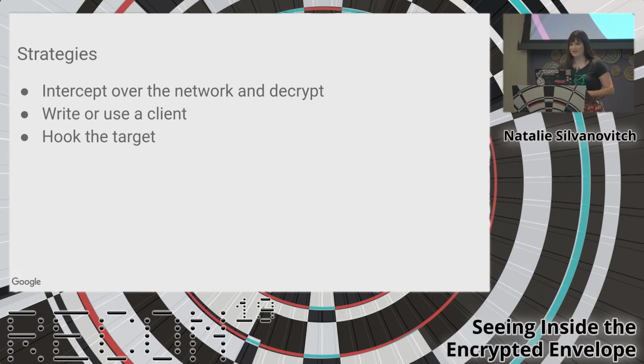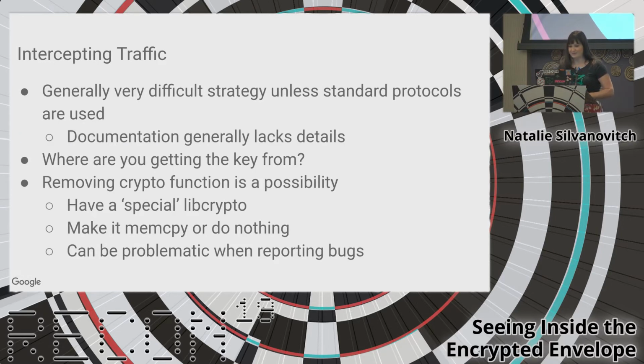And finally, you can hook functions on the target. And I think this last one is the best one, and that's what I mostly use, and that's what I'll focus on today.